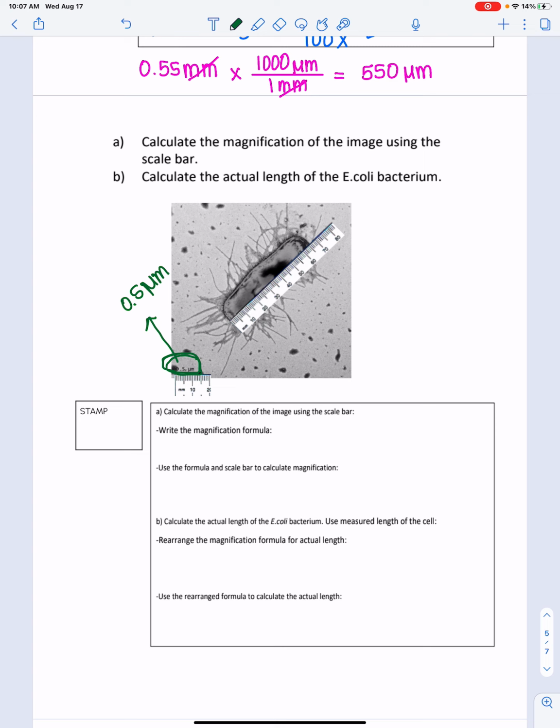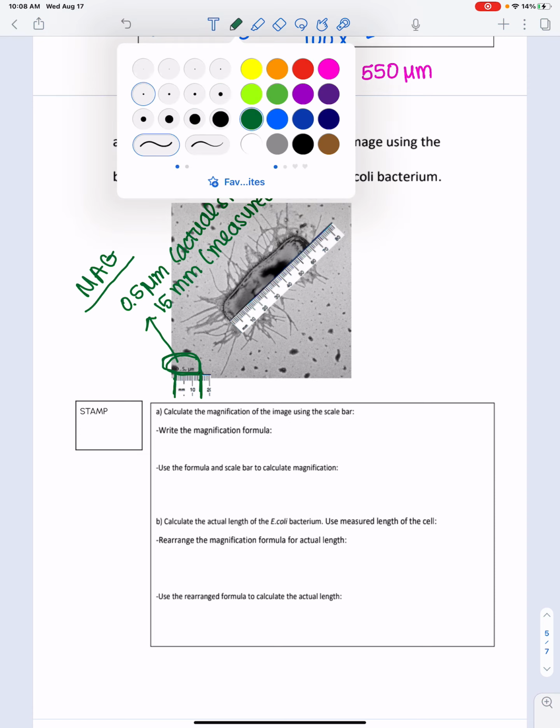So that's the actual size that you'll use for the magnification. I'll write magnification right here just so you know. And then it looks like your measured is going to be 15 millimeters. So those are what you're going to use for the magnification.